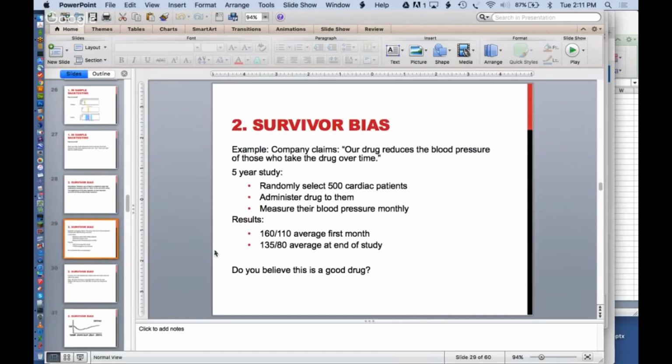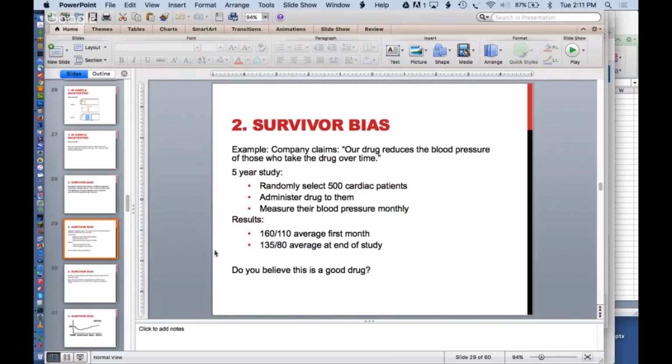Let's suppose we're a drug company, and we're going to do a test on our blood pressure drug. We're going to do a 5-year study. We pick 500 people at random, and we measure their blood pressure. We give them this drug, and we measure their blood pressure each month.